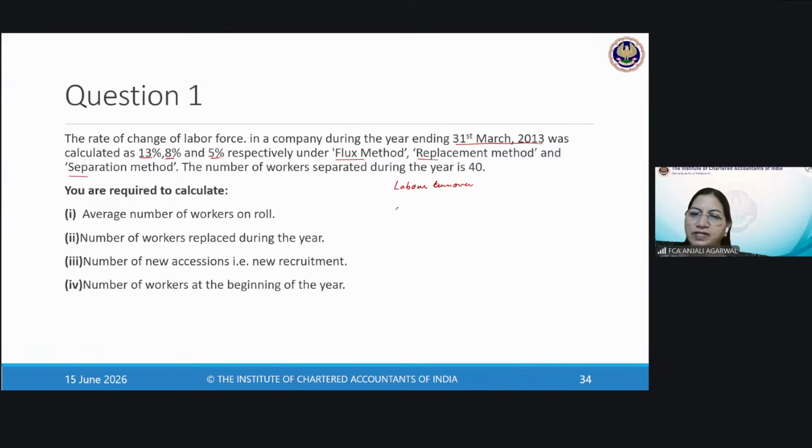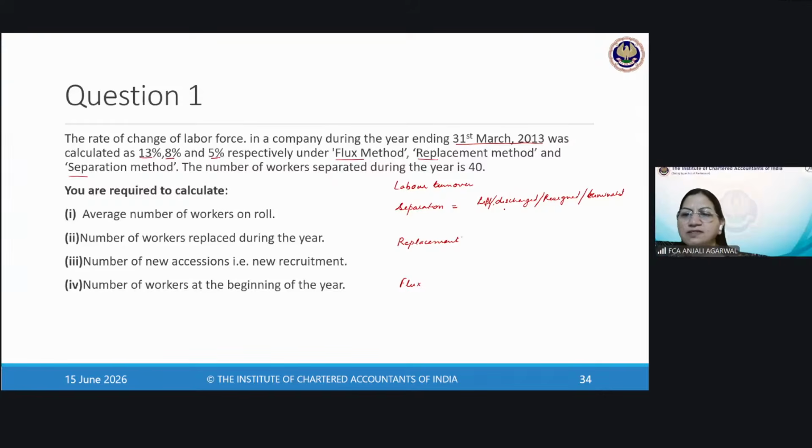Now, what is labor turnover? It is calculated using three methods. First is separation method. Second is replacement method. And the third is flux. So under the separation method, we calculate how many workers left the organization, or they were discharged, or they resigned, or they were terminated, or someone had an accident, or there was a death of some employee.